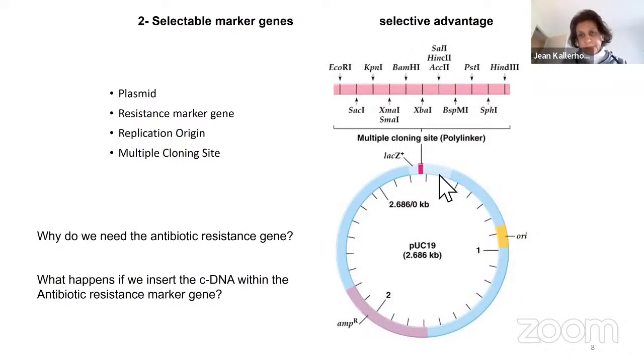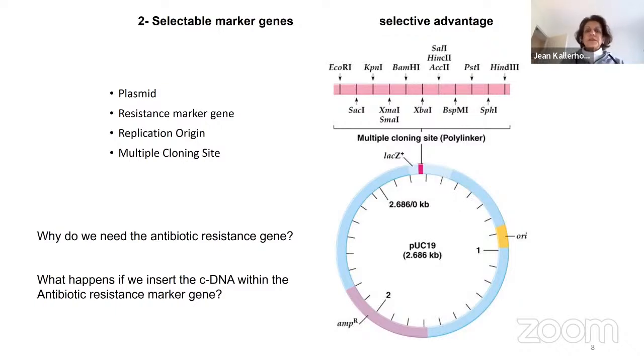And here you have a multiple cloning site, a set of restriction enzyme sites that has been inserted within the LAC-Z alpha peptide region in such a way that the alpha peptide open reading frame is not disturbed.